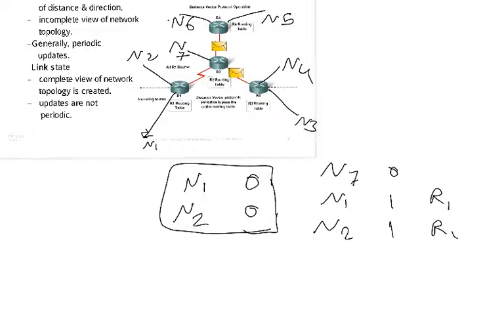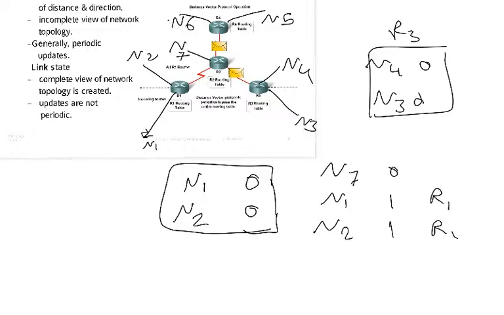Router 2 will do the same with router 3, which will send a message with N4 with distance 0 and N3 with distance 0. So this is router 3, and this is router 1, and this is router 2.